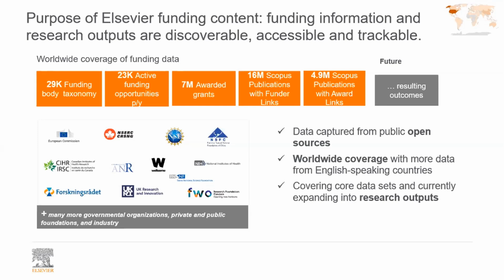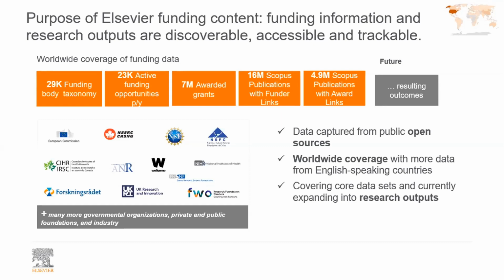This is because our enrichment, our machine learning capabilities are more performant on English content, but we are continuously iterating and improving this. We capture data mainly from publicly available sources, so from open sources, but also by working with funders.